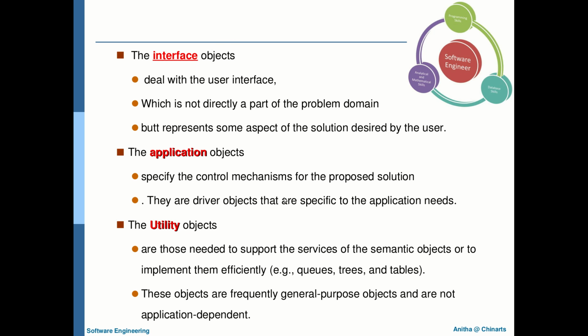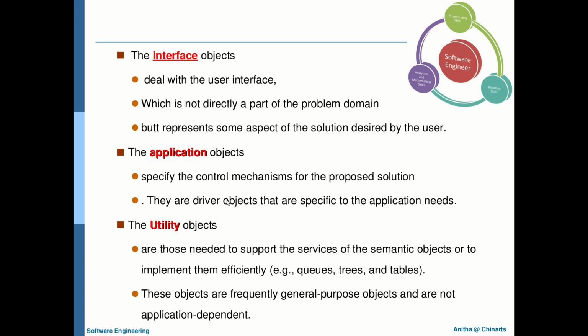Apart from that, you need a control mechanism for the solution. To specify the control mechanism for the proposed solution, you are going to use the application object. All the objects defined in the solution domain need to be controlled, for which I am going to use the application object.